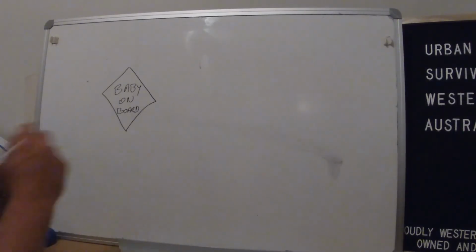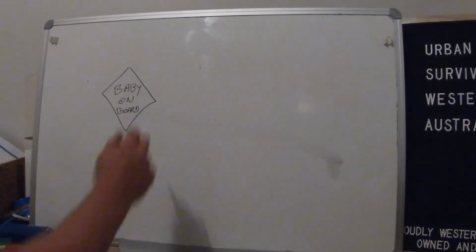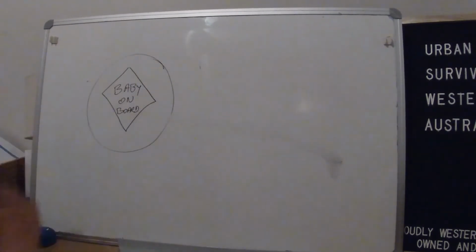Now the baby on board sign. You may have seen that. A lot of people have it on their rear windscreens. The old baby on board sign. Now if you don't have a baby in your vehicle and you've got the little sign that says baby on board, take it down.